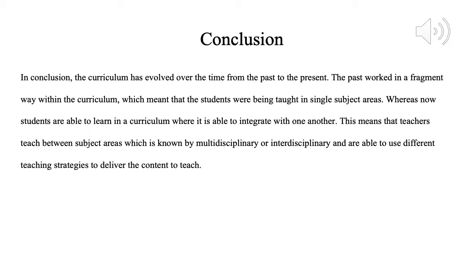This means that teachers can teach between subject areas, which is known as multidisciplinary or interdisciplinary, using Fogarty's models of webbed and shared. Teachers can use teaching strategies to deliver their content to their students. And this is very helpful when using multidisciplinary and interdisciplinary approaches, as they can link between subjects of a known topic.